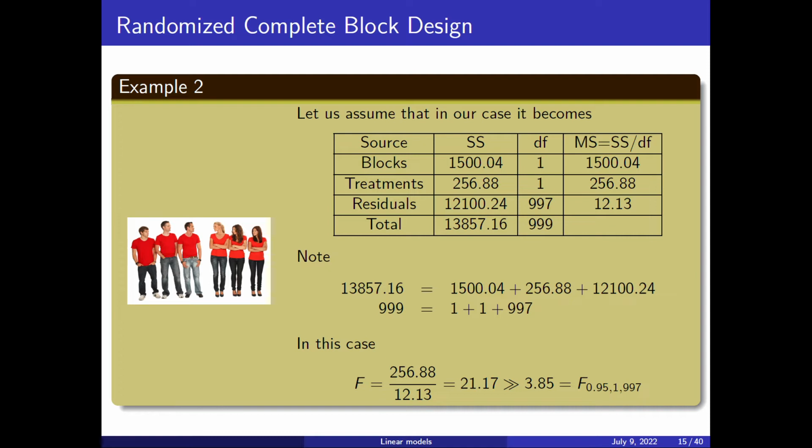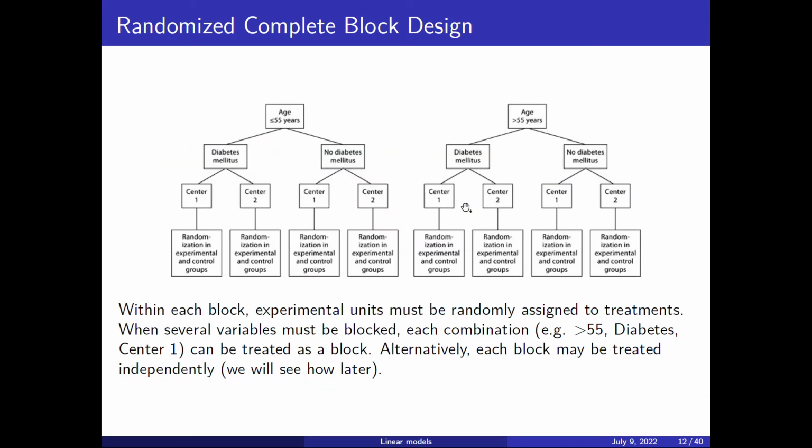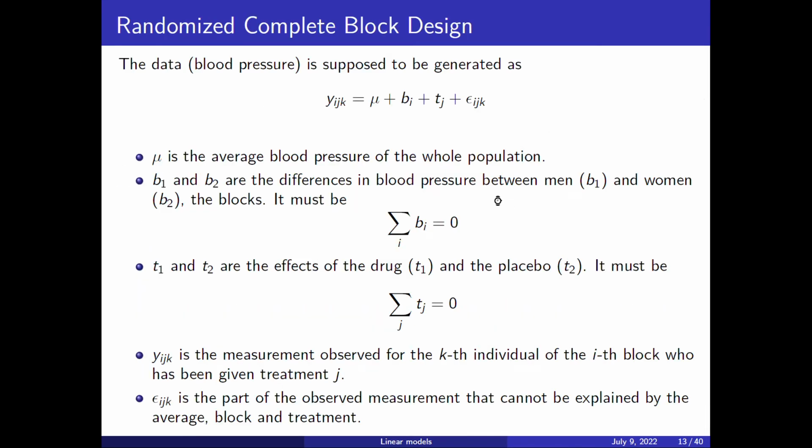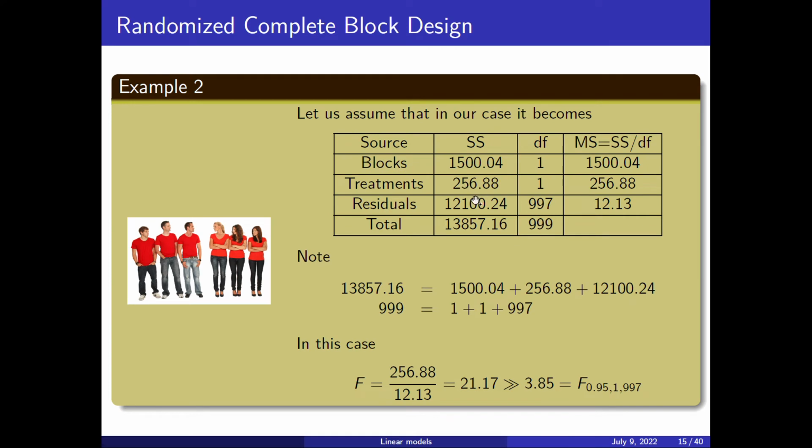But now, because I know the gender of that person, that variability is accounted for by the block, while whatever other variability I'm not able to explain still goes to the residuals. So the addition of these two numbers now, the blocks and the new residuals, has to be the sum of squares of the old residuals. But now I have been able to explain it a bit more.